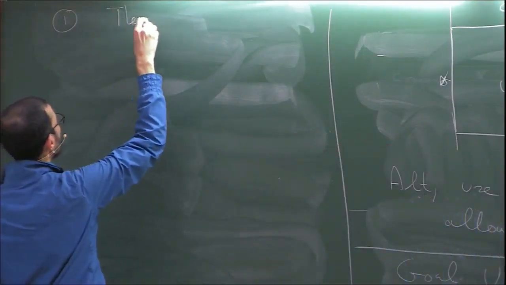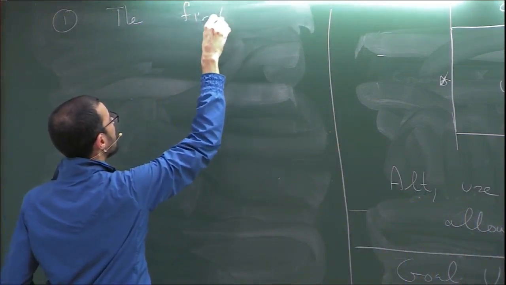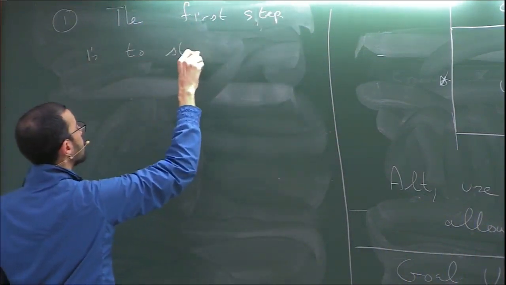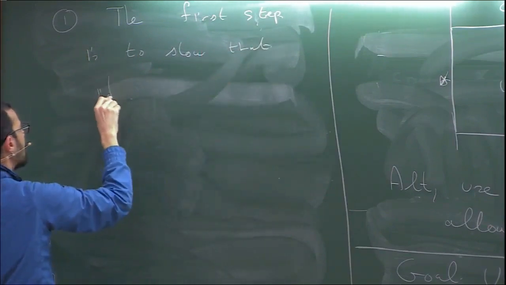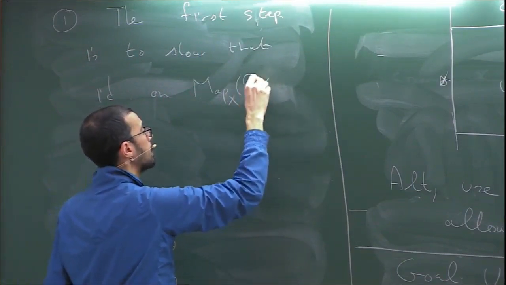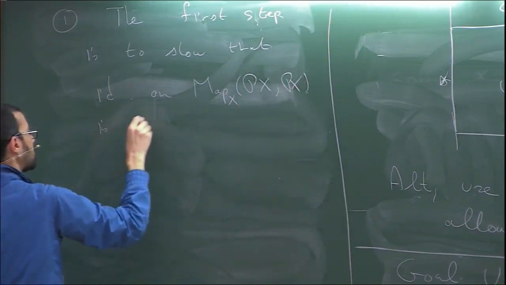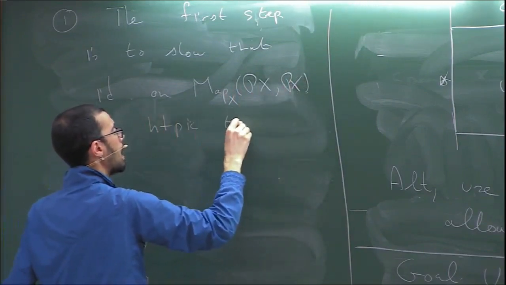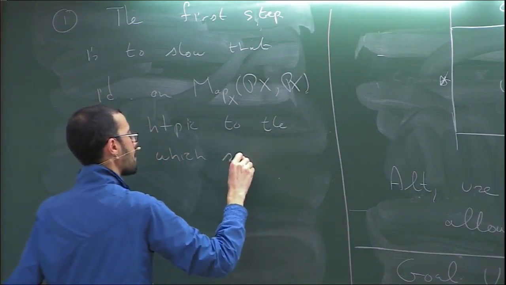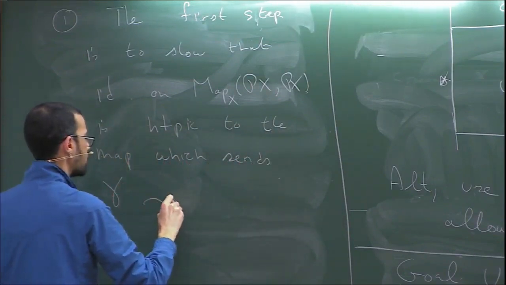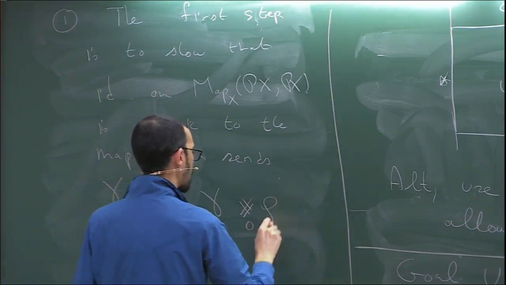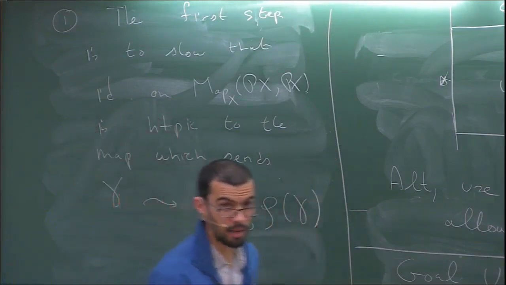So the first step is to show that the identity on maps over X, Px, is homotopic to the map which sends gamma to gamma concatenated at 0 with rho of gamma. Okay? This is some kind of tautology.